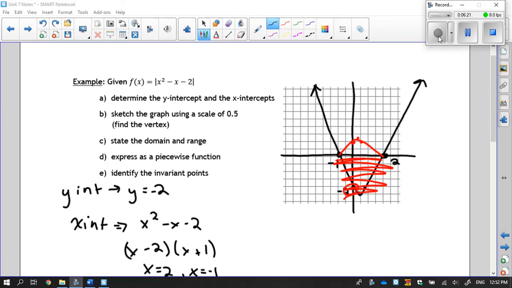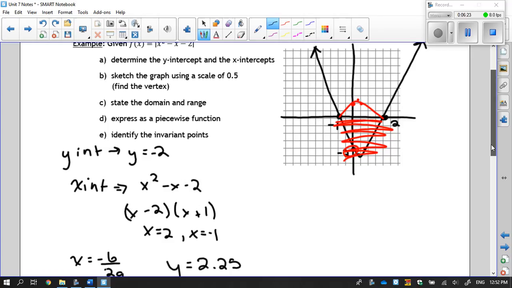So then expressed as a piecewise function, we have our original function. So y is equal to x squared minus x minus 2. So this exists this point on and this point on. So x must be less than and x must be greater than.